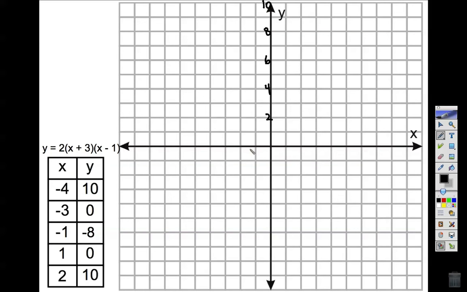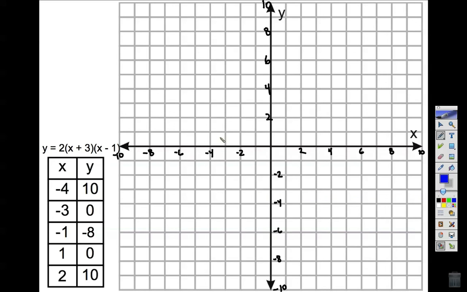Alright, so -2, -4, -6, -8, -10. It's important that we label and show our increments for our coordinate plane.